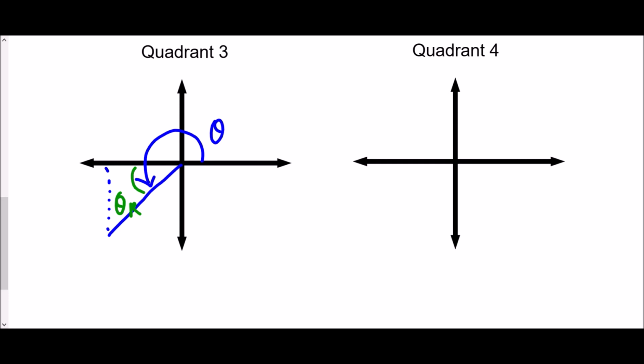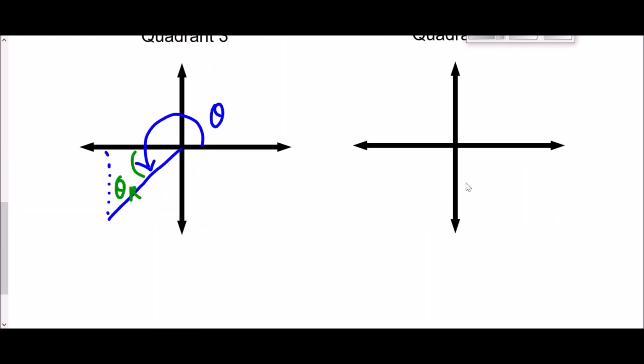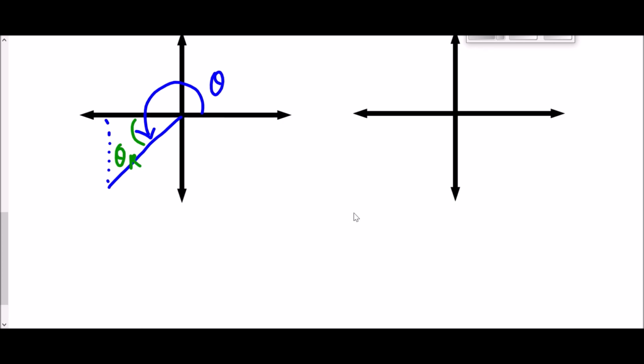Now, a few seconds. How do you write an expression for your reference angle? Have a look at the previous two examples we did. If you look at this, you'll probably think, how am I supposed to do that?